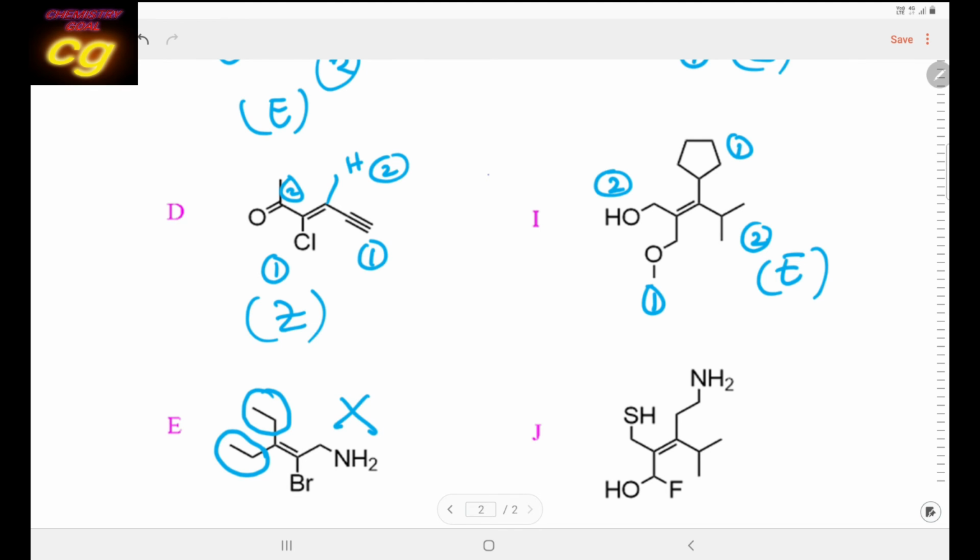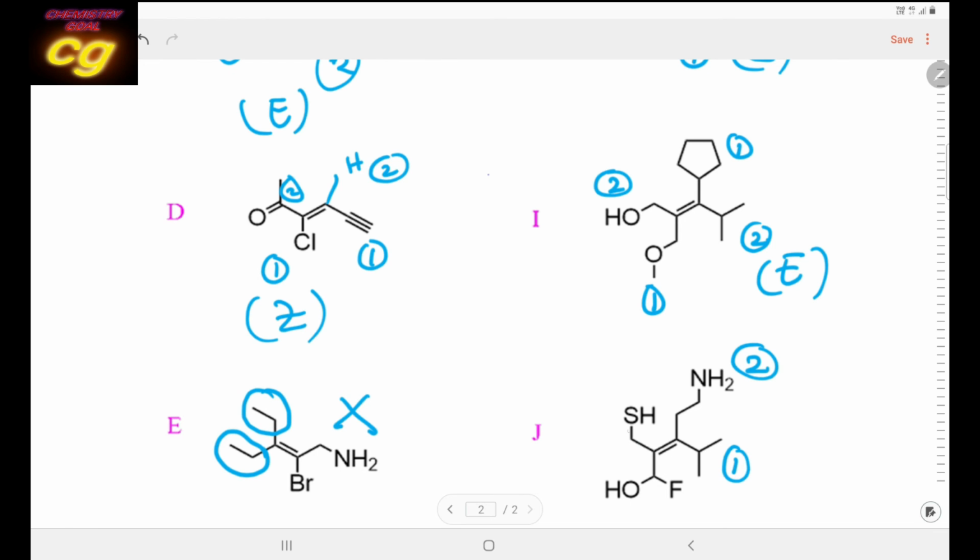But in this case, here you see, carbon attached to carbon, here carbon attached to carbon, then carbon to carbon, but here one carbon attached to two carbon, here one carbon to one carbon. That's why this will be 1, this will be 2, and here carbon attached to carbon, then carbon attached to fluorine, then carbon attached to sulfur, then oxygen.